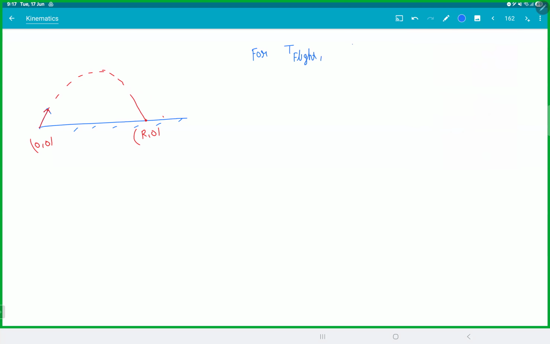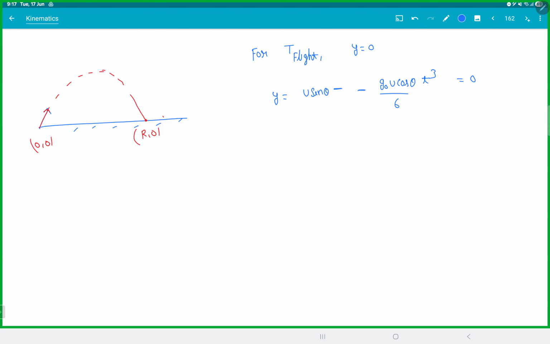And what is y coordinate? y is nothing but u sine theta t minus g naught u cos theta t cube by 6. And when you equate this to 0, you'll end up with time of flight.